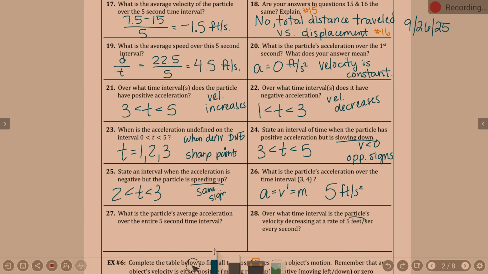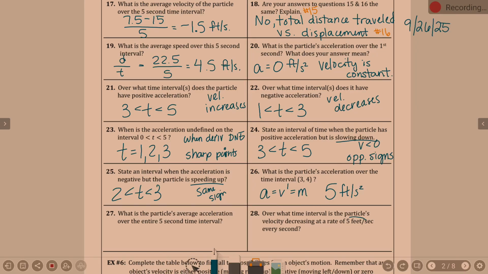What is the particle's average acceleration over the entire 5-second time interval? You add up the 4 slopes and divide by 4. No. Think in terms of average acceleration, kind of like average rate of change. We're going to be looking at velocity minus velocity over time minus time.